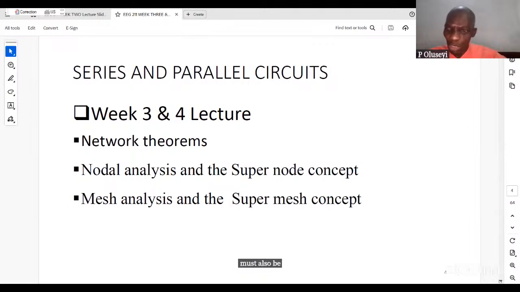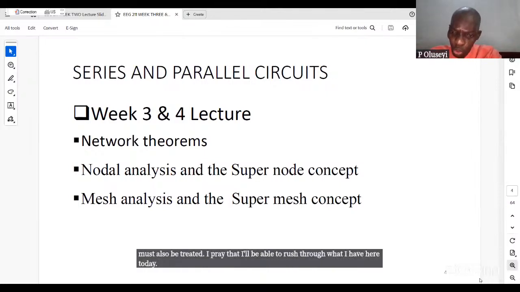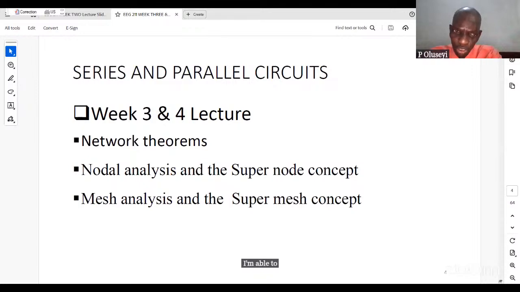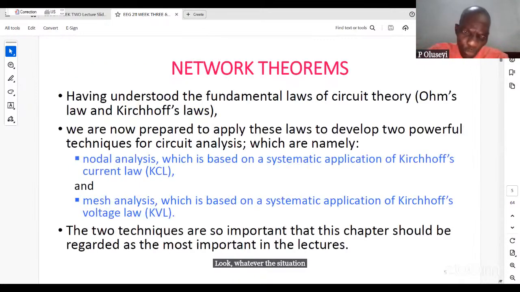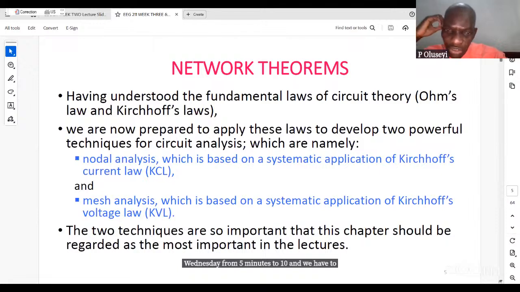I pray that I'll be able to rush through and complete everything. But whatever the situation, we move on. When it's 5 minutes to 10, we have to call the lecture a day so that we can go to another lecture which starts at 10.